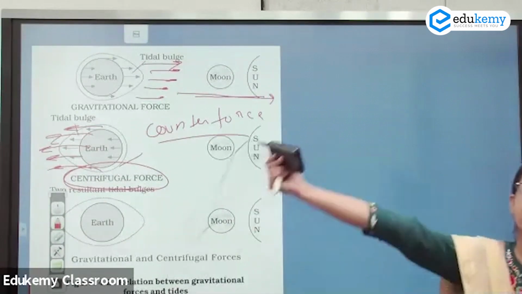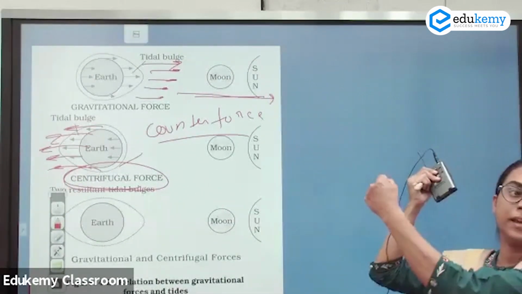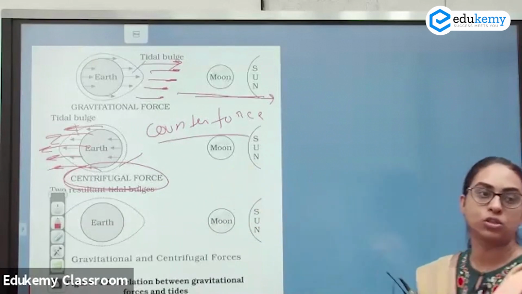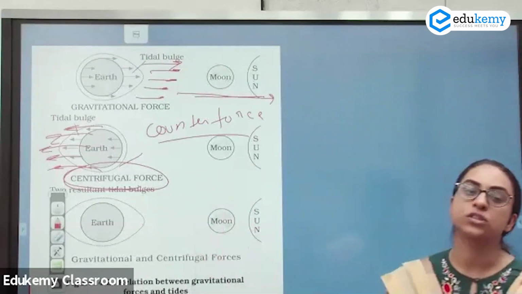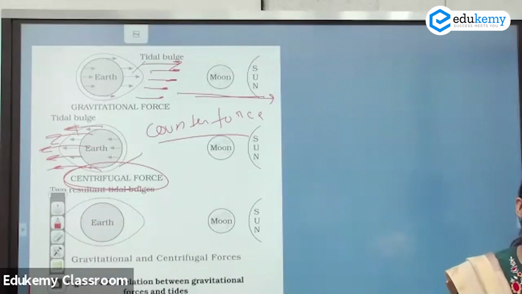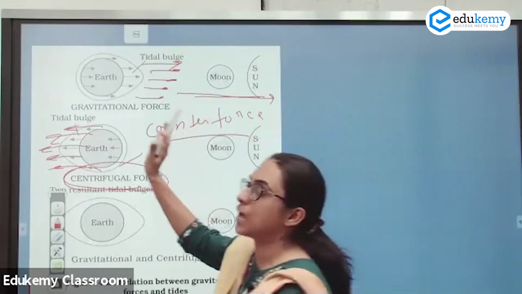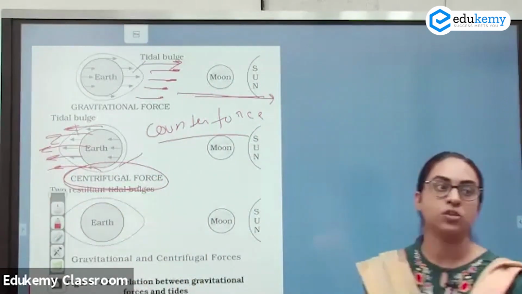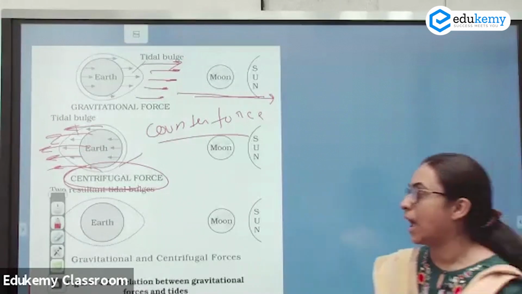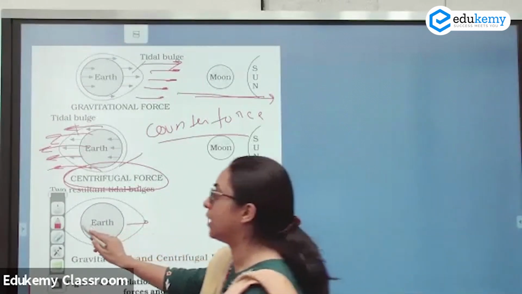If there is a gravitational pull, there will be a counter force also. That counter force you will call as the centrifugal force. So there is one tidal bulge because of the gravitational pull. There is other tidal bulge because of the centrifugal force. And this way you can see the tides.